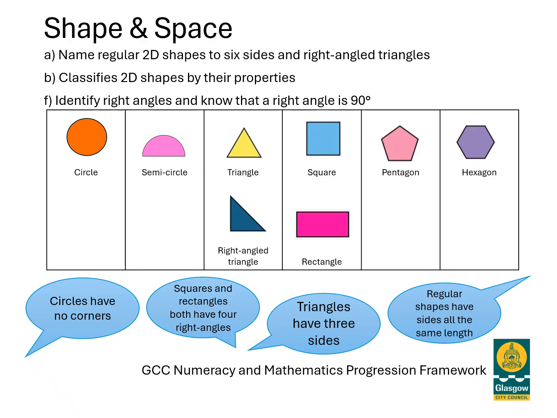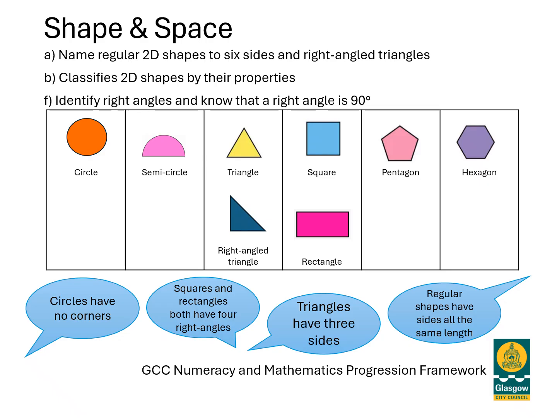And so we should be able to be confident with the fact that a rectangle is not a regular shape, that it's a special quadrilateral and it's very interesting. And just in the same way, a right angled triangle, which we're introducing in primary 3 here, is an interesting shape, but they are not regular.